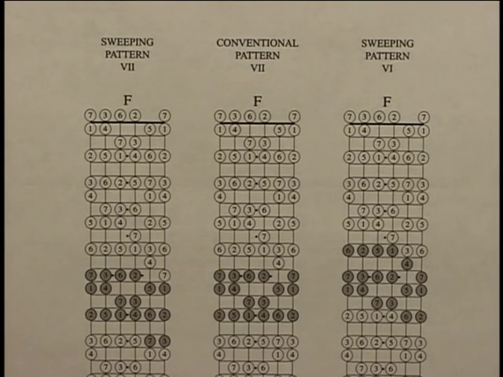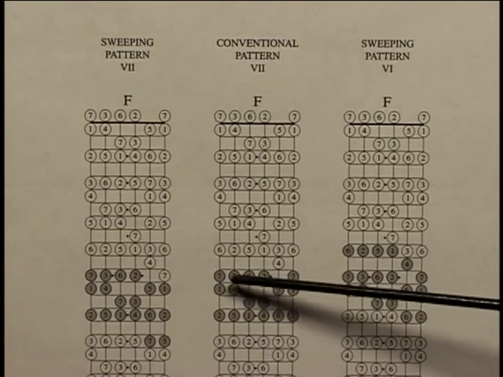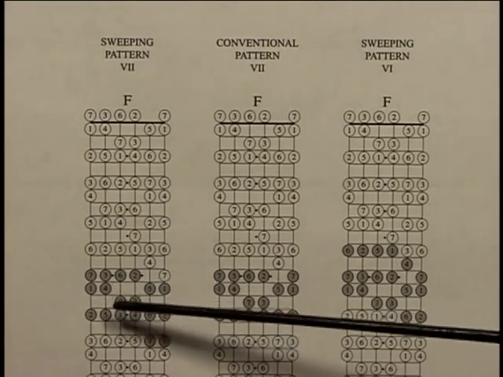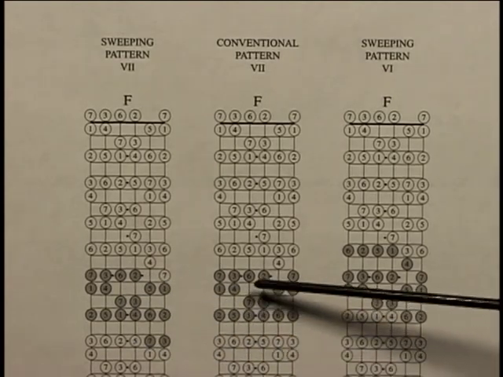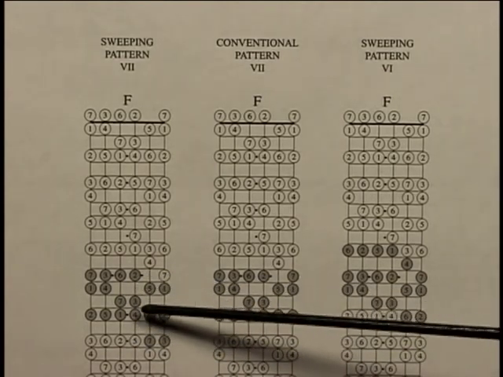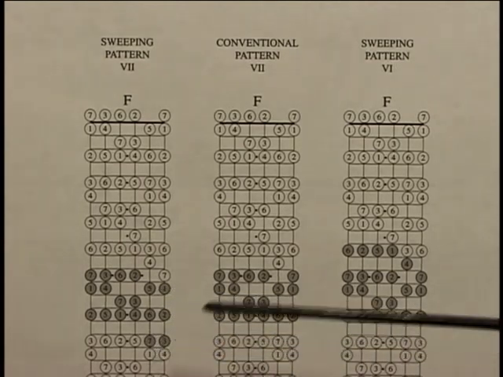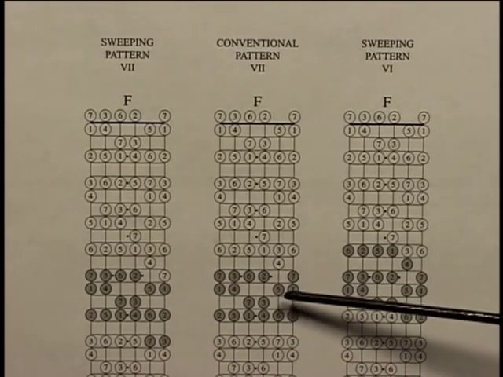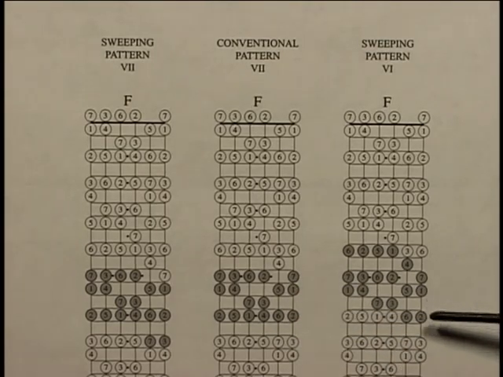Last but not least, let's check out pattern 7. 7, 1, 2, 3, 4, 5, 6, 7, 1, 2, 3, 4, 5, 6, and this time the change comes on the second string, 5, 6, 7, 1, 2.